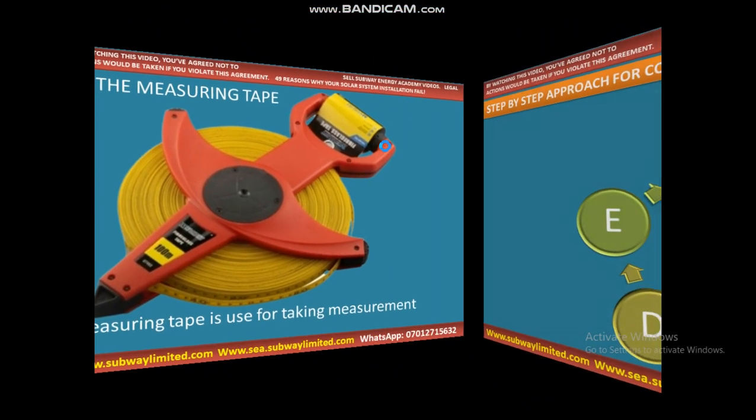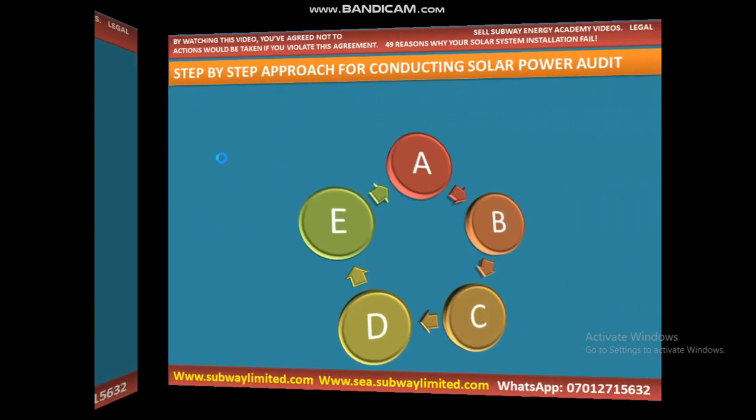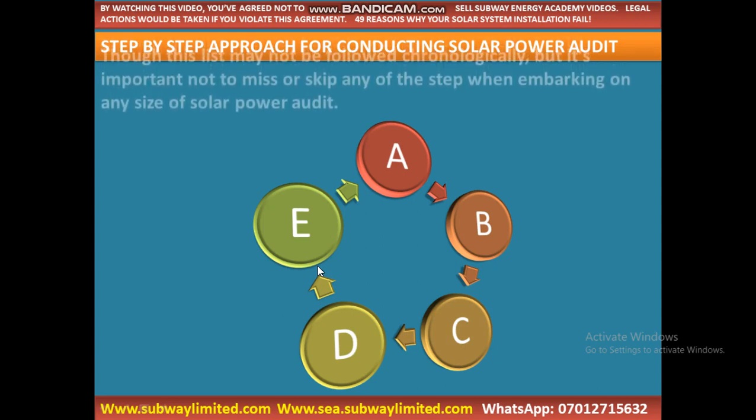Then the next thing is to take a closer look at a step-by-step approach for conducting a solar power audit. There is a chronological order you follow when embarking on a power audit. That is the reason we use this diagram to show you steps A, B, C, D, E. There are different stages and steps you have to follow.